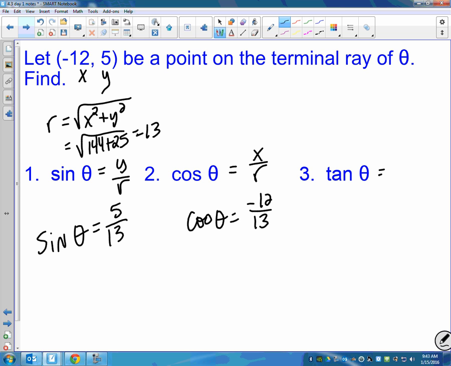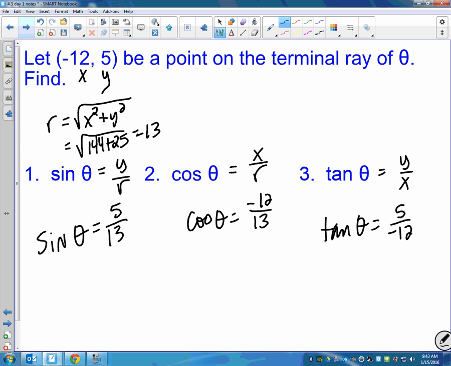And tangent is just y over x. So we could say 5 over negative 12. Negative 5 over 12 is the same answer though, right? So if you just had tangent, you might not know which one was negative, because it doesn't have the right negative sign. We could do the other three also. I just figured if you want to just flip them over.